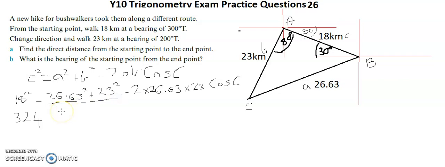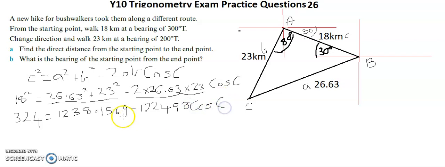This part here, which I've just underlined, is equal to 1,238.1569. Then I'm going to look at 2 times 26.63 times 23, and that equals 1,224.98 cosine c. The next step is I want to get rid of the 1,238, so I take it away from both sides.